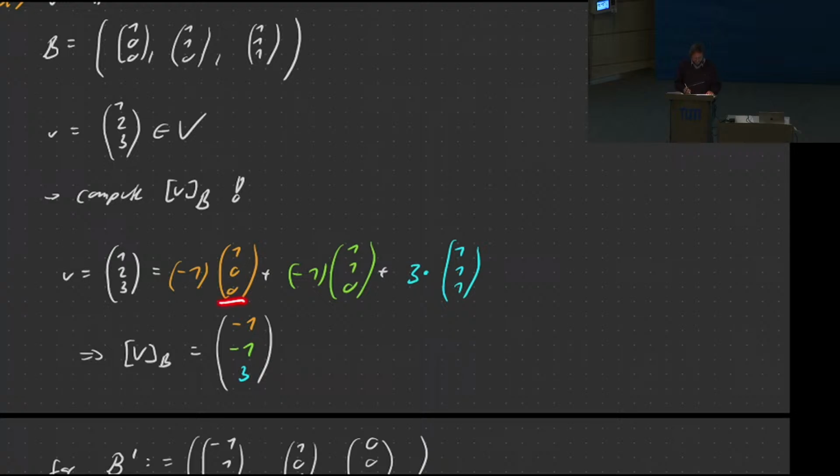Well, I just take those vectors and I need to determine the coefficients for these vectors that I need to represent this vector. And as it turns out, I need -1 times this first vector, -1 times the second one, and 3 times the last one. So the coordinate vector of v with respect to my coordinate system b is this: -1, -1, 3. Right? That sounds pretty abstract, but it's actually really easy, I hope.